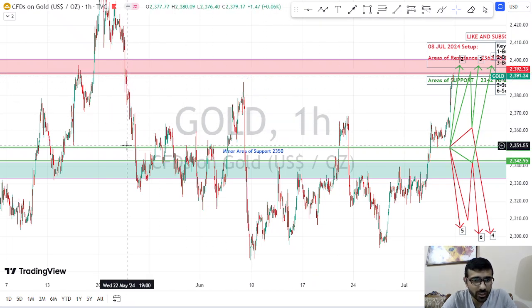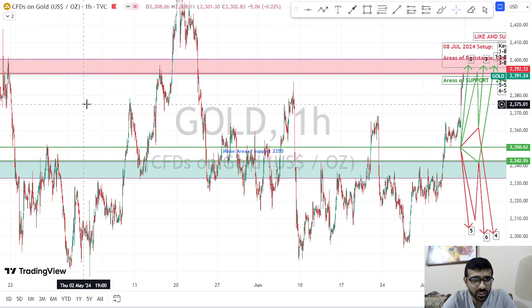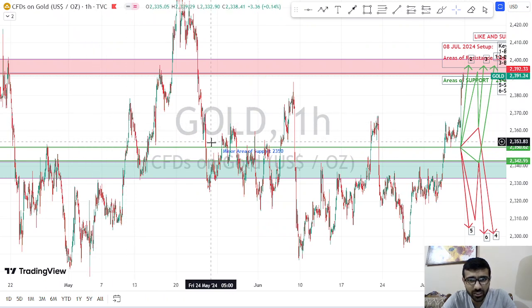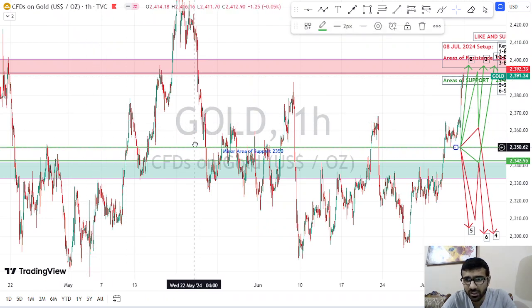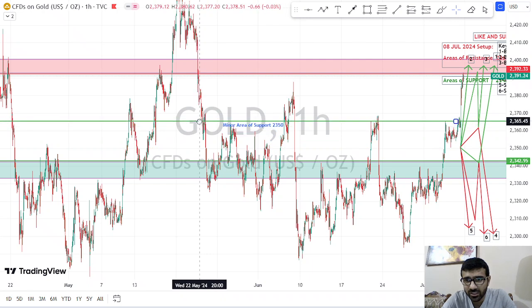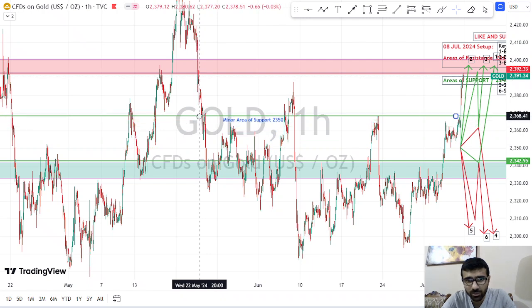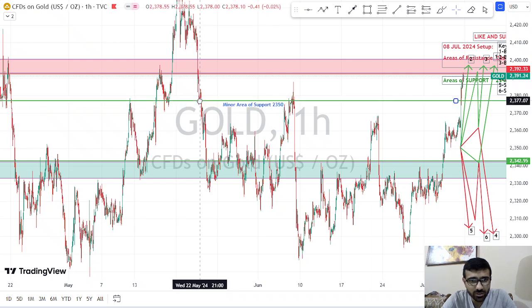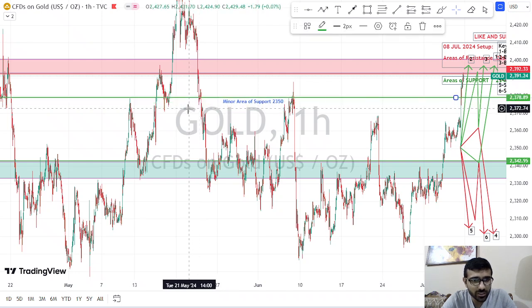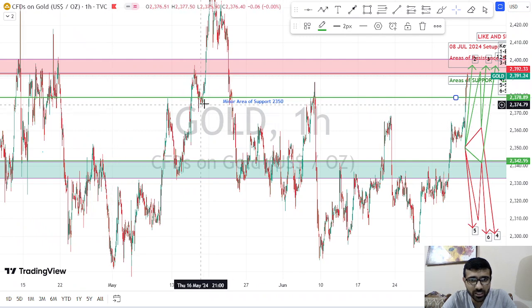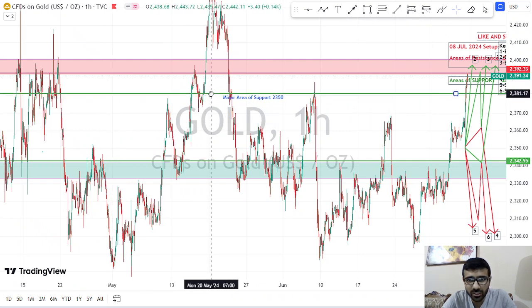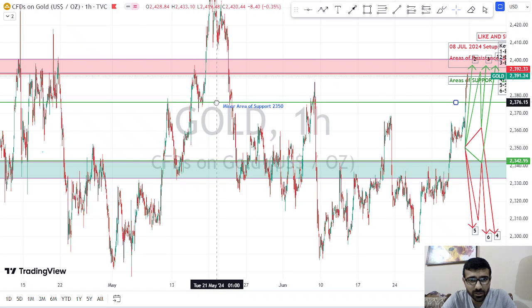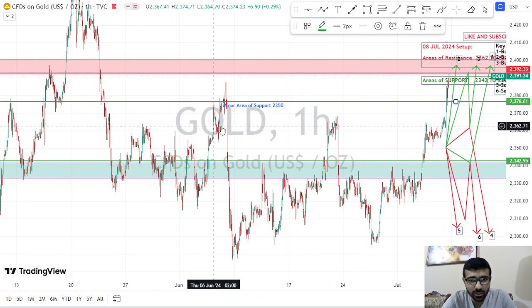Afterwards, you can clearly see whether we have any recent area of support, and you can see that this area of support will not come into play, not this, and this area as well is not going to come into play. But what I am expecting is that maybe this area will come into play now.